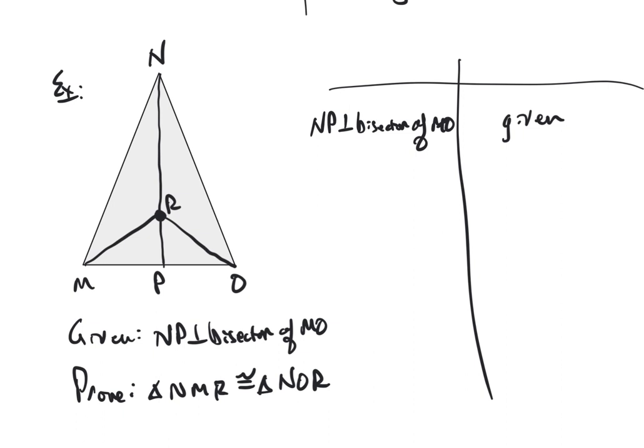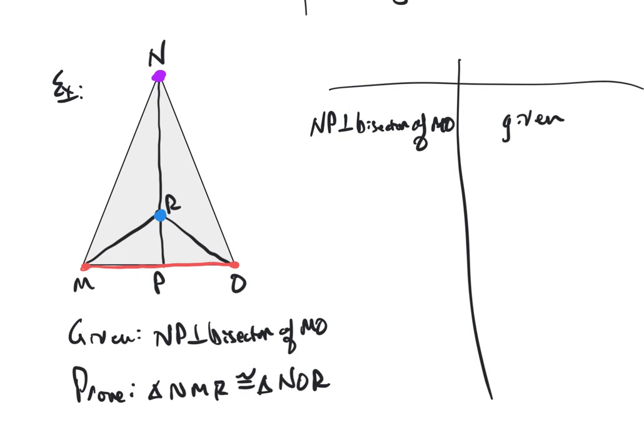So what you need to do is you need to think of MO as being the original segment, and then NP is the perpendicular bisector of that. So any point on that bisector, so we're going to work with R and we're going to work with N. The theorem says that any point is equidistant from the endpoints.